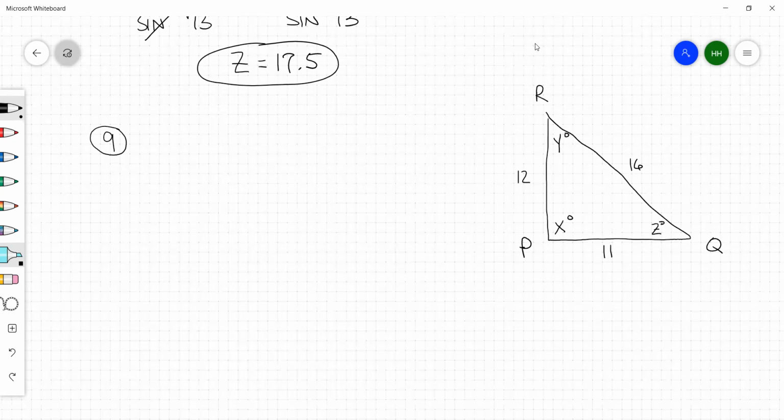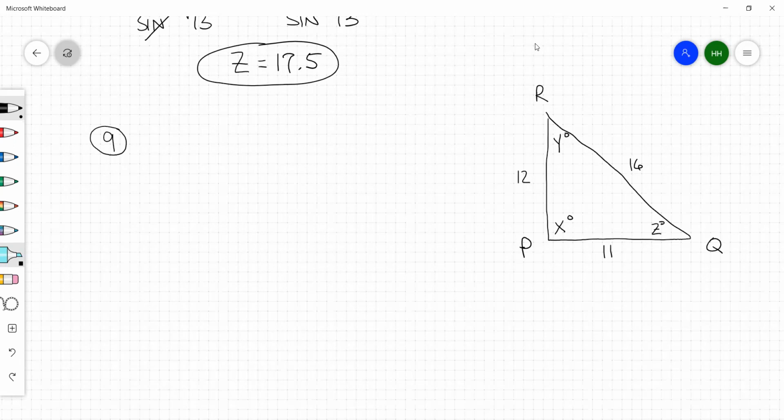All right? Because the law of cosines says this. So here's what we're going to do. I'm going to solve for angle X first. Just because I feel like it. You can solve for any angle you want in here first. I'm going to solve for the X first, which means I got to start with this 16.